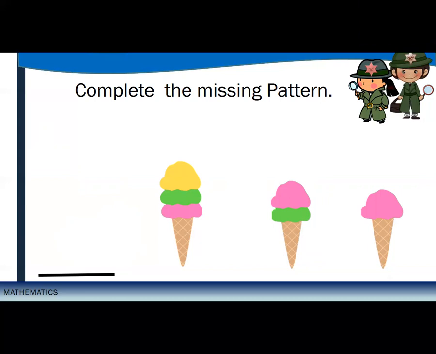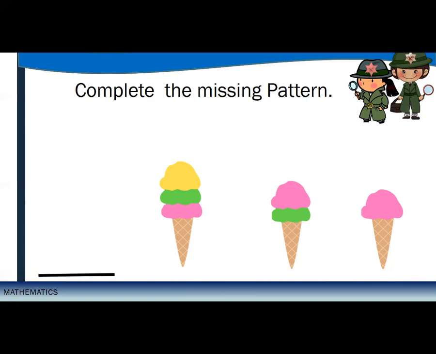Wow, boys and girls. If you said the missing ice cream cone should have 4 scoops of ice cream with a different color, you are correct. But tell me how you know. Awesome, boys and girls. If you also said you notice that if we start with the last ice cream cone, we could figure out the pattern.